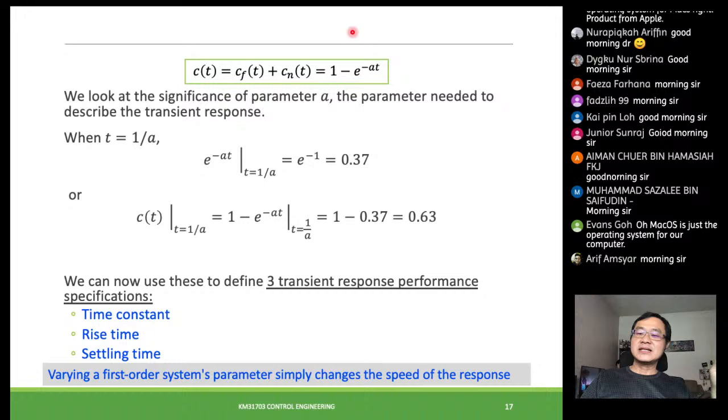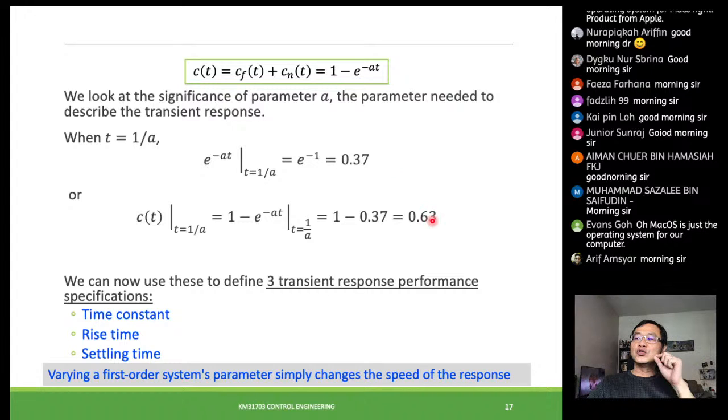So from that solution, now we try to see, okay, if we put t equals to 1 over a, so that this exponential term is in the order of -1, when time equals to 1 over a, we would notice that this value becomes 0.37. You just press your calculator, you get 0.37, and if we take 1 minus this value, we will get 0.63.